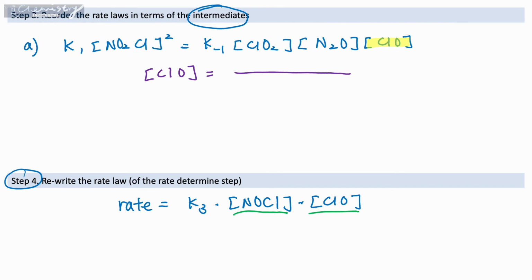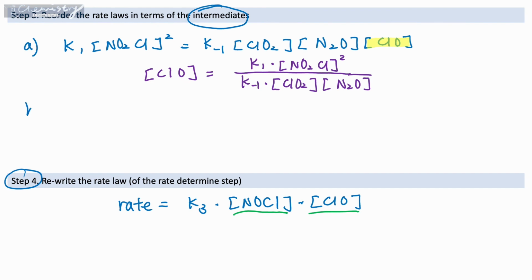So I'm going to start writing that. That is K1 multiplied by NO2Cl to the second power, divided by K negative 1 multiplied by ClO2 times N2O.